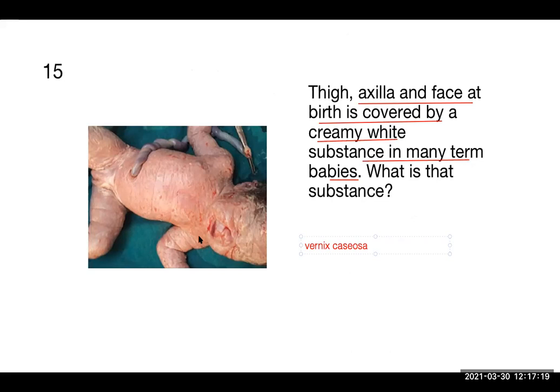So don't try to remove it forcefully. Within 1 to 2 or 2 to 3 days, when we give a bath to the baby, it will be easily removed from the body. In preterm babies, it is not developed by that time, and this is a very important point.